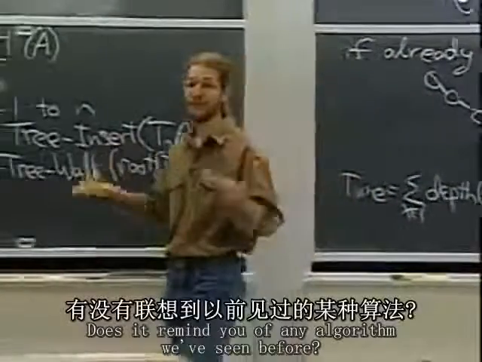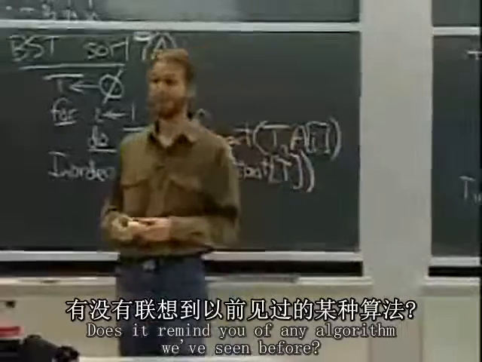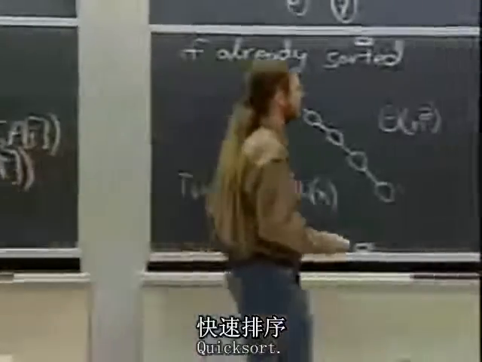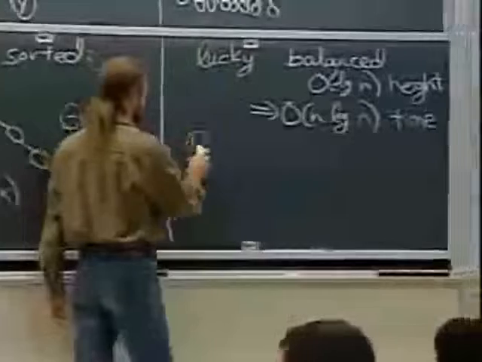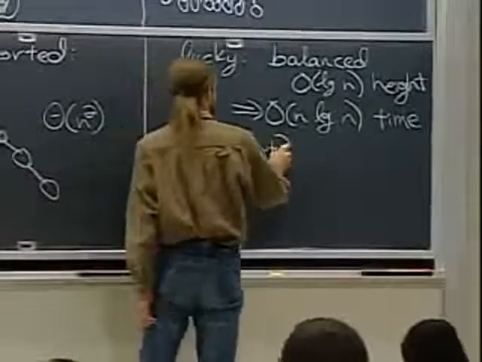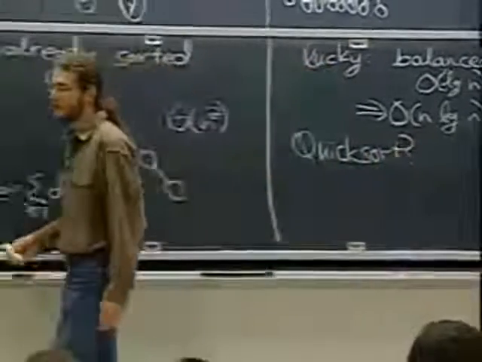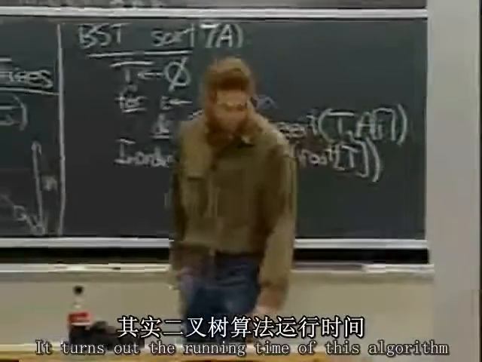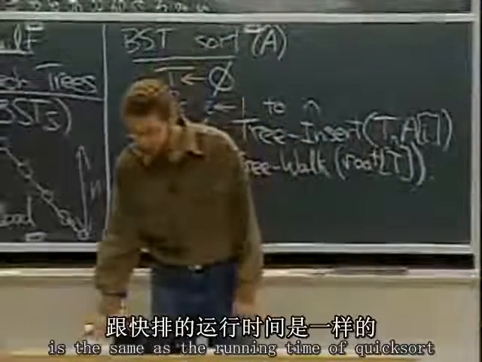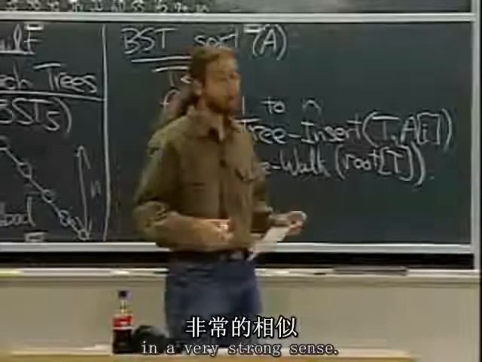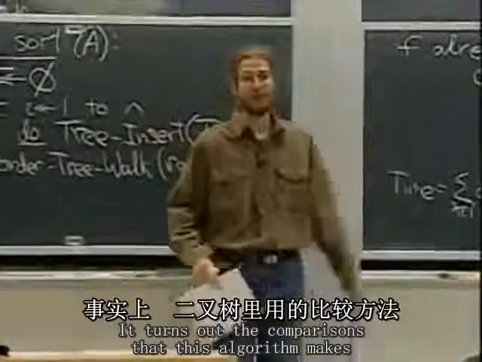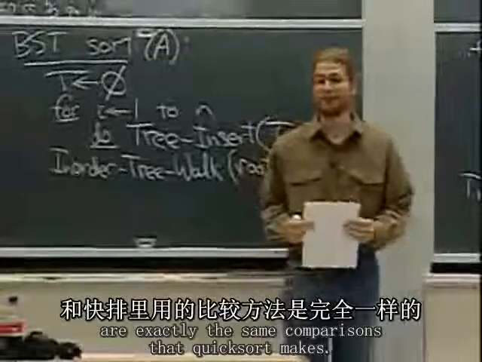Remind you of any algorithm we've seen before? Yeah? Quicksort. Turns out the running time of this algorithm is the same as the running time of quicksort. In a very strong sense. Turns out the comparisons that this algorithm makes are exactly the same comparisons that quicksort makes.